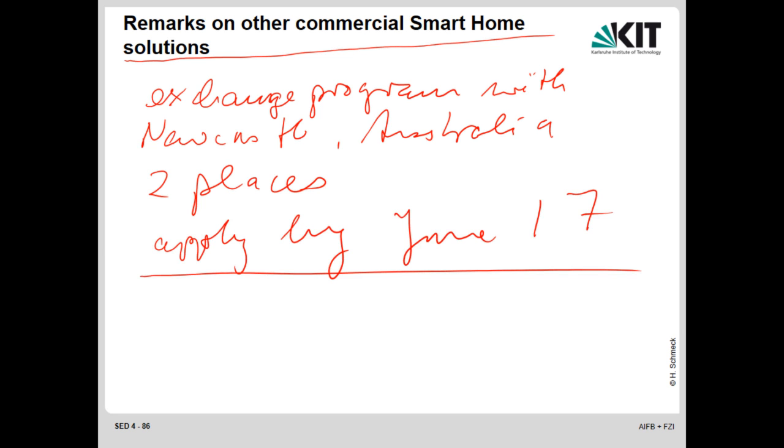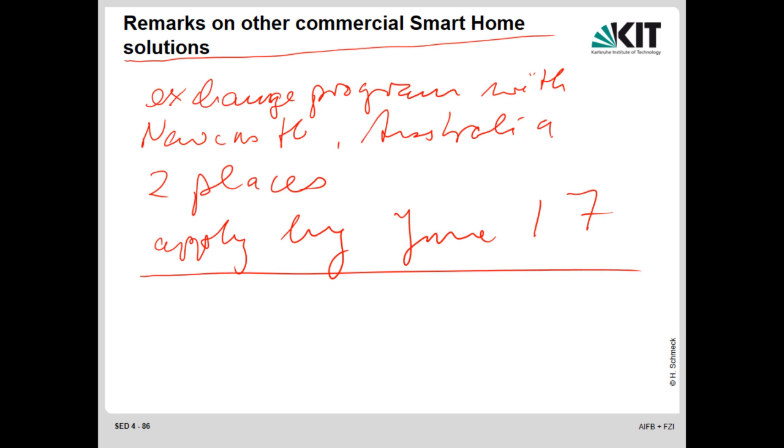We are advertising that every year, starting in May, and the deadline always is mid-June. So far this year, nobody applied. And it is an opportunity to spend one year at Newcastle at a quite good university, and you have a chance to get an additional grant here from KIT to support that to some extent.